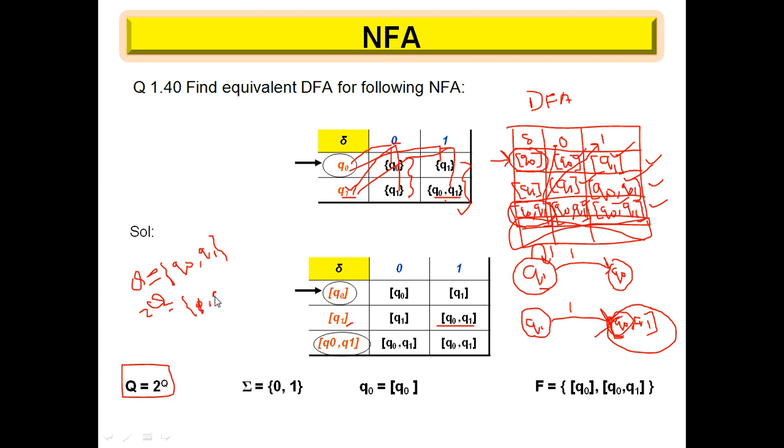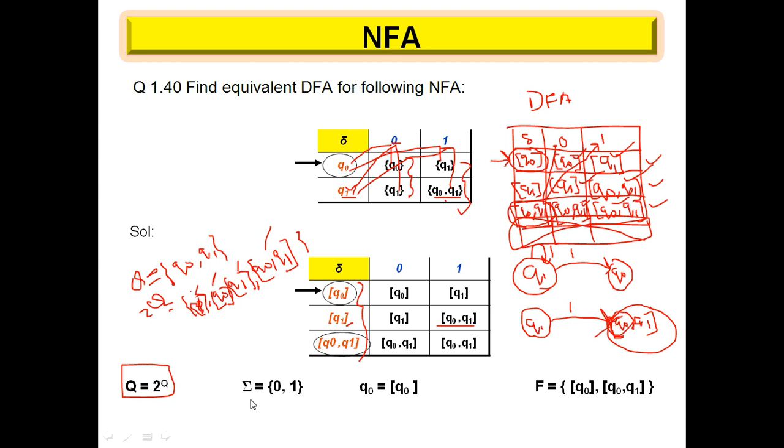We have null, then Q0, then Q1, and Q0 Q1. You will have to put a square bracket here itself, don't forget it. So this many, that is 4 states: this is 1, this is 2, this is 3, and this is 4. From this we have used these 3 states, as clearly visible here.